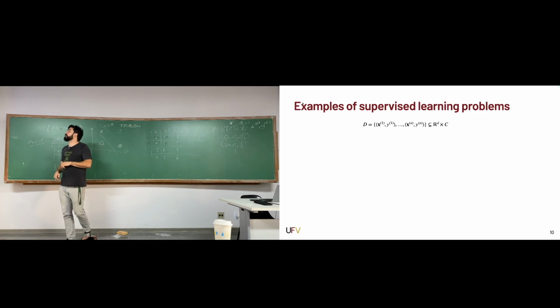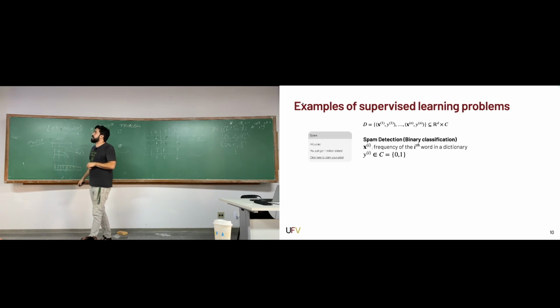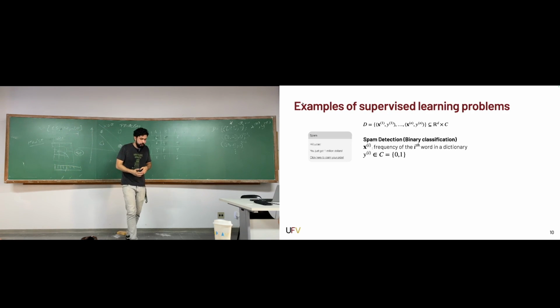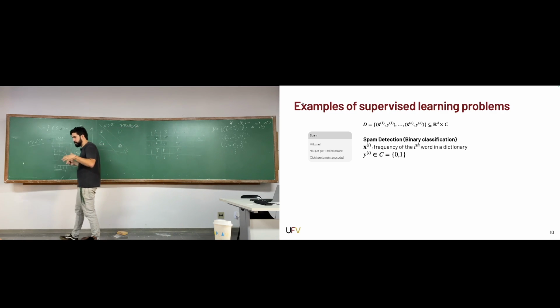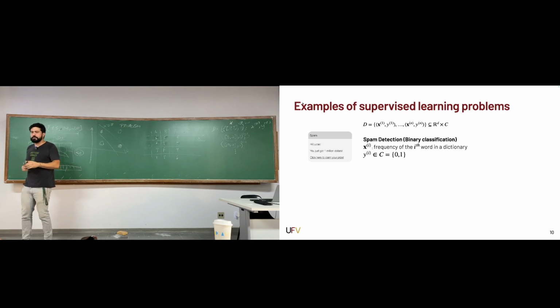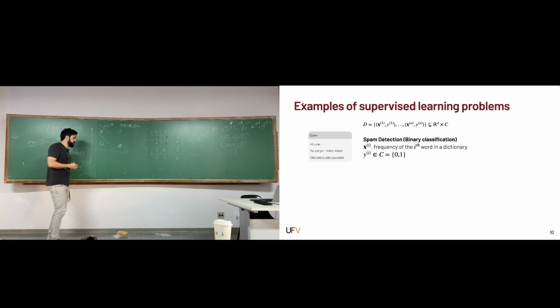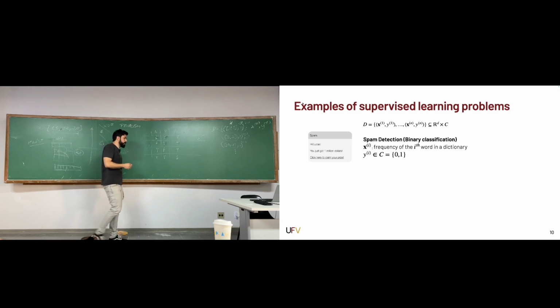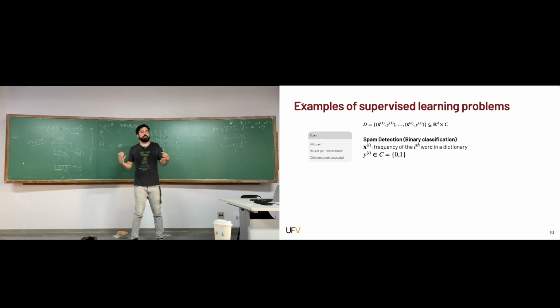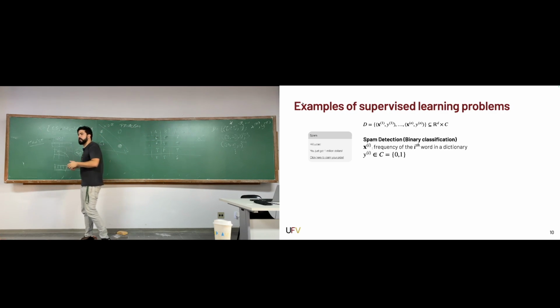Okay? So a very common example of a machine learning problem is spam detection. We all have that in our emails. When Gmail receives a new email, it tries to classify that email as spam or not. And this is a prediction problem.